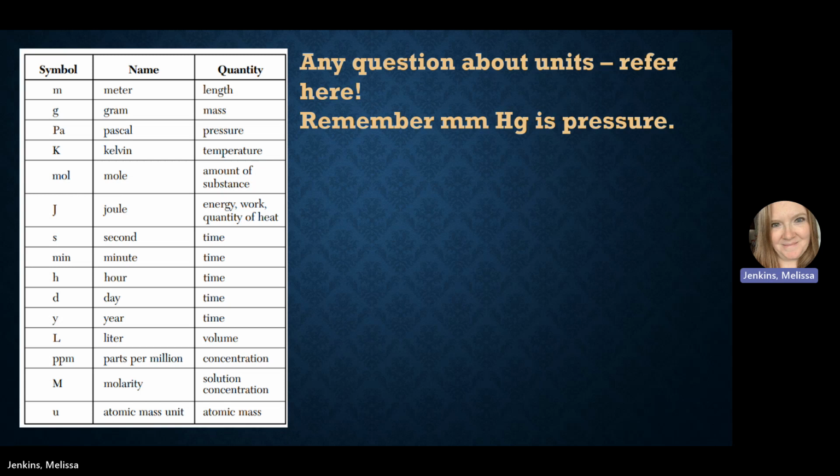Remembering this, millimeters of mercury is pressure. The rest that you're asked pretty much are on here. Degrees Celsius is not on here, but most of the time people realize that's temperature also. But if that's for a unit, you should be looking here.